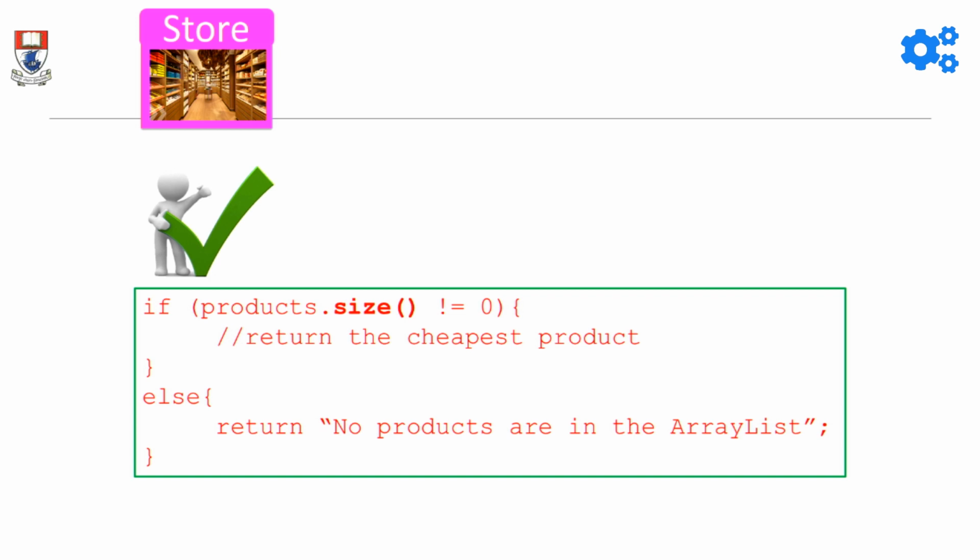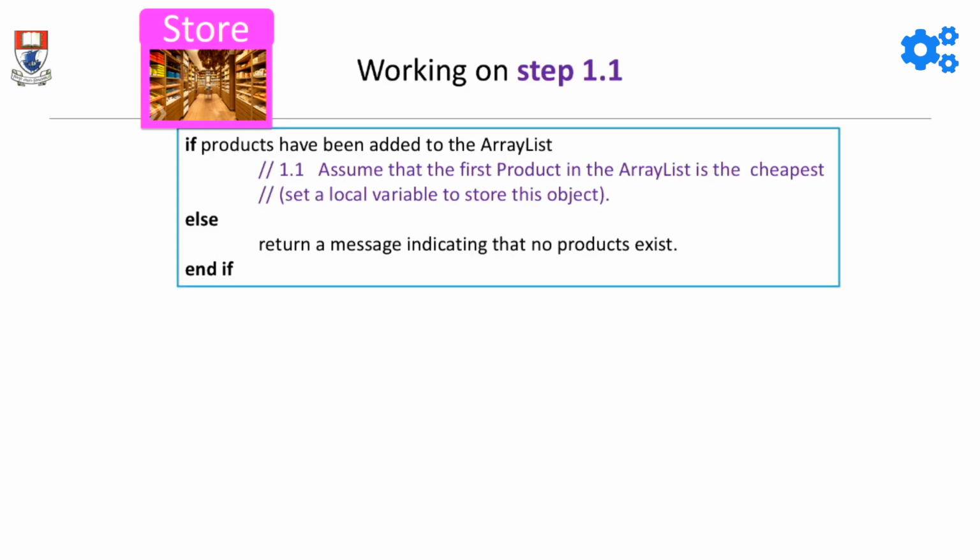Hopefully the rest of you will be able to see from this just how small the code is in each one of these steps, and that you already should know how to implement it. So we have our outer if statement, and then the next part in our algorithm was to work on step 1.1.